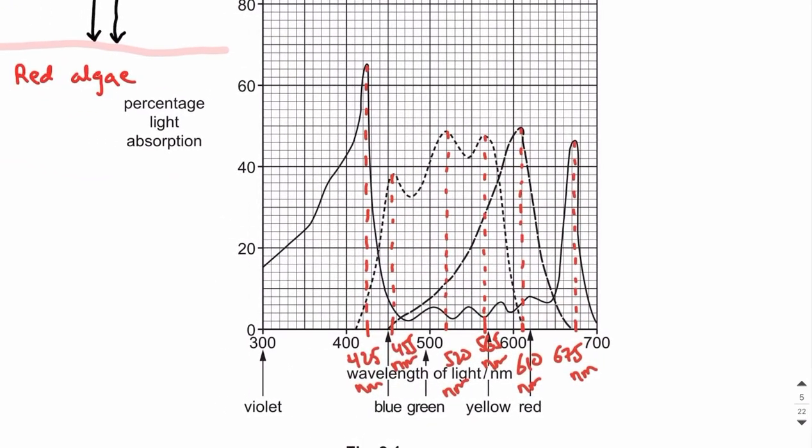All right. Let's talk about phycoerythrin now. Phycoerythrin has high percentage light absorption at 455, 520 and 565.